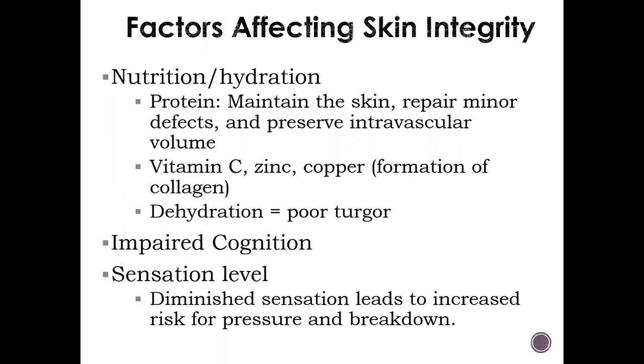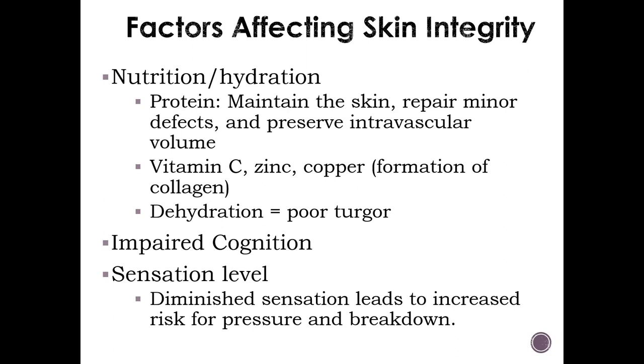Patients with impaired cognition, such as Alzheimer's disease, dementia, or altered level of consciousness, are at a higher risk for a pressure ulcer because they're not aware of the need to reposition, just like the patients who have diminished sensation.